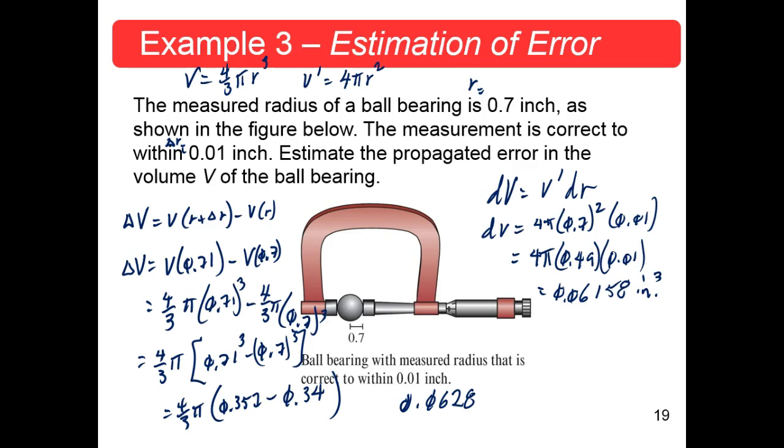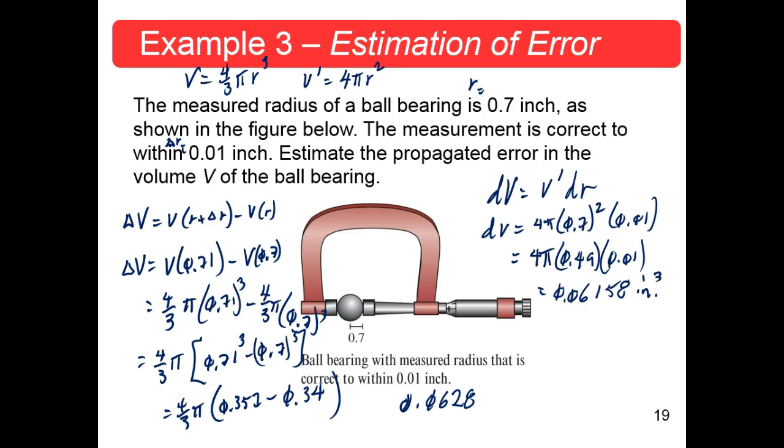The actual propagated error is this one. Still pretty close, really close, but notice how the error grew from 0.01 from your measured value to your calculated value, 0.06. But of course your volume is bigger too and everything else. So, okay, and that's cubic inches.